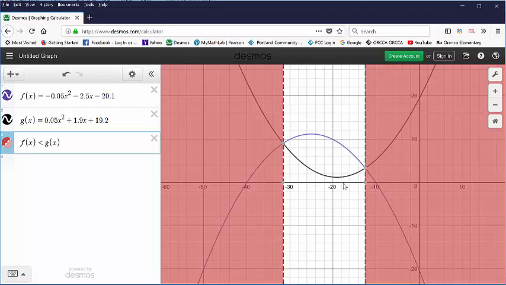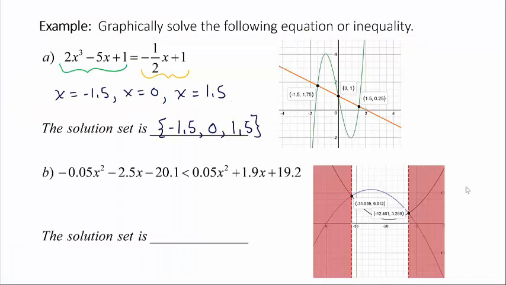That's really what we're being asked here. And I want to get the intersections because that's really important in terms of how we define this. As we're trying to define the solution set, let's make sure we know what we graphed. The purple one is the left-hand side of the inequality, and the other one is the green graph, and our question is where is the purple graph below the green graph.